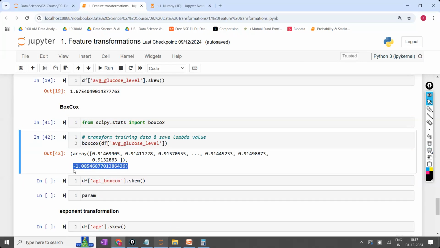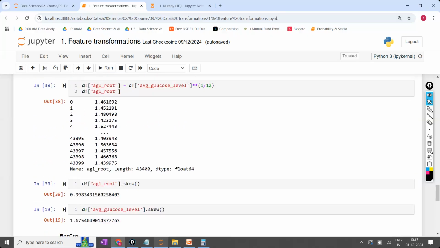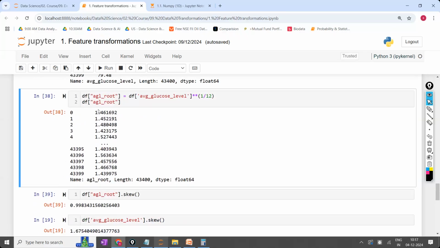So two things it is going to give. What are the two things? One is the transformed data, the converted data. The second one is the lambda value. Here it is giving only the transformed data. It is not giving the n value, because the n value was applied by us.